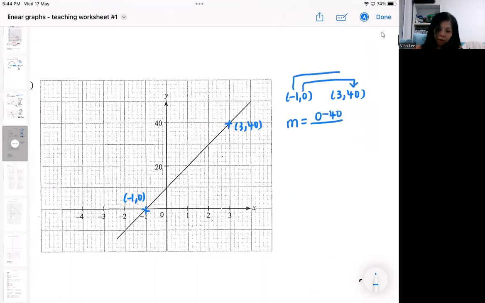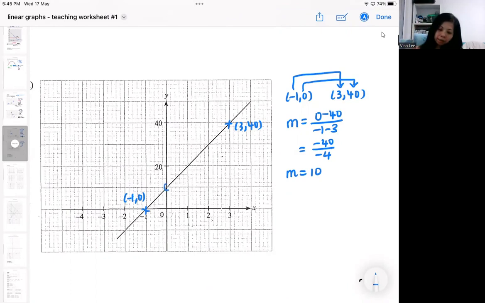Subtract the x coordinate. The numerator is the subtraction of the y coordinates. The denominator is the subtraction of the x coordinates. So calculate carefully. So you get a positive gradient. It's within our expectation. We are expecting a positive gradient because it's flying up.